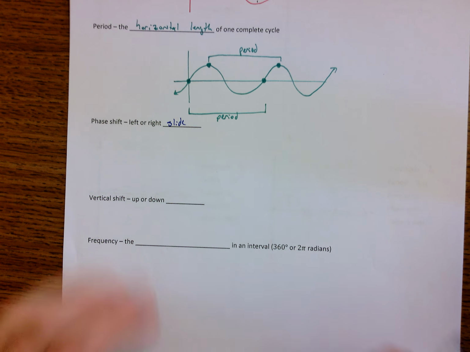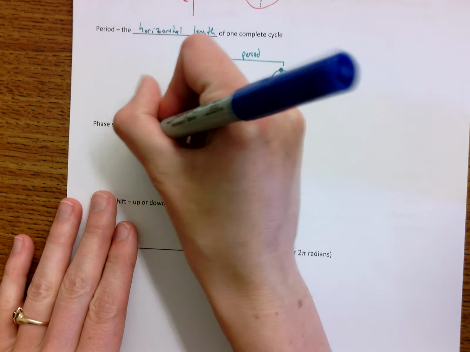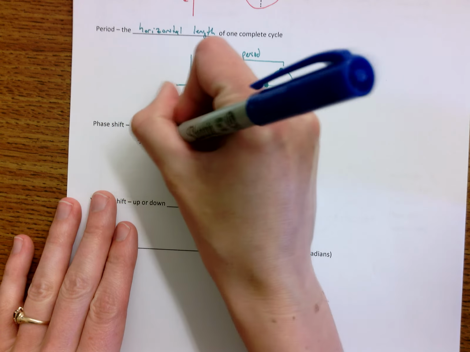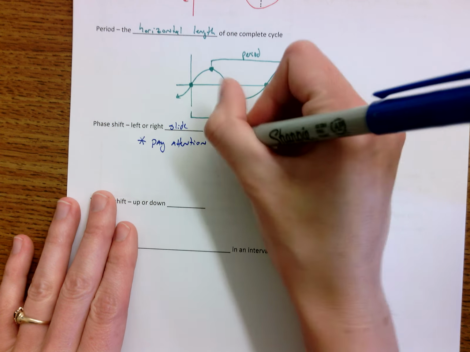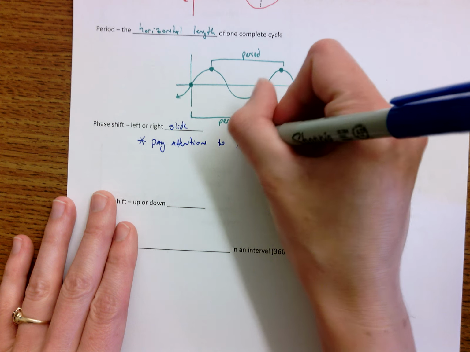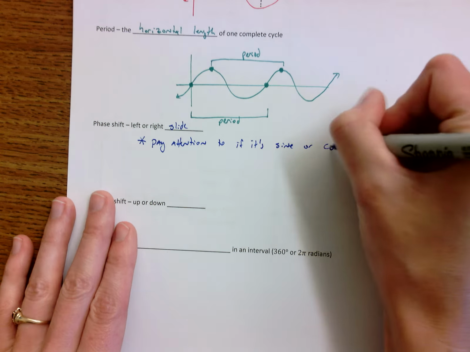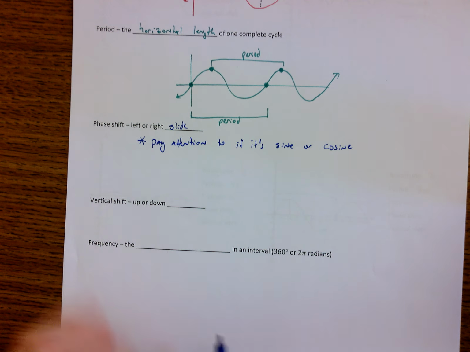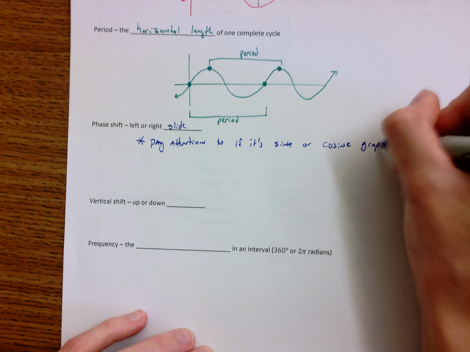Now the key thing with this, and we're going to talk about the difference between these two later, but just make a note to yourself that you really have to make sure that you pay attention to if it's a sine or a cosine graph. Why?